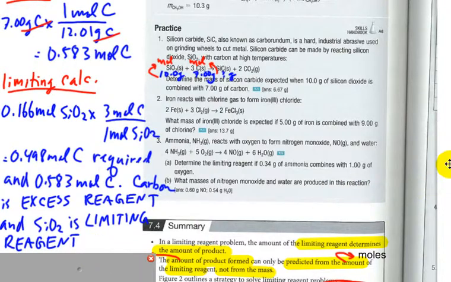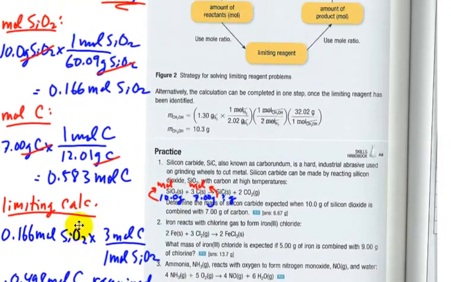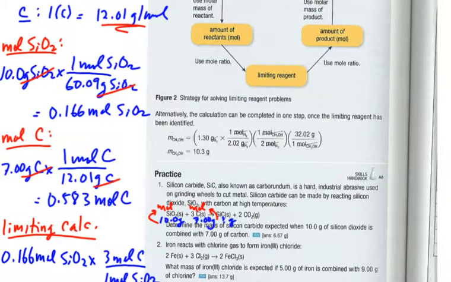Okay, so that's the first part of this question, figuring out what the limiting reagent is, because now what you can do is figure out how much product is produced. In this case, the question asks for silicon carbide, how many grams. So I'm going to use my limiting reagent, silicon dioxide moles, to figure that out.